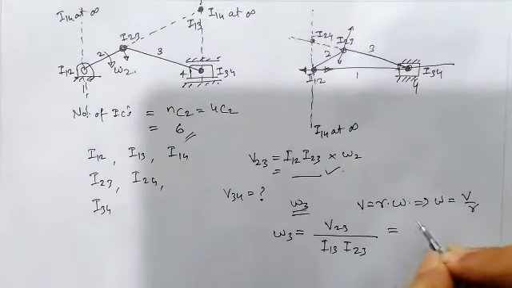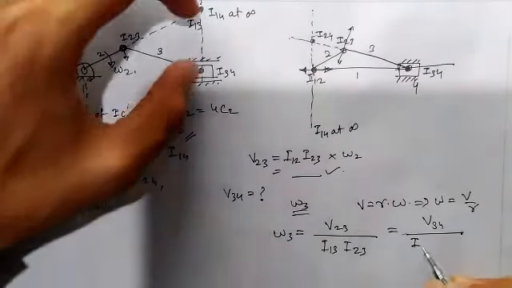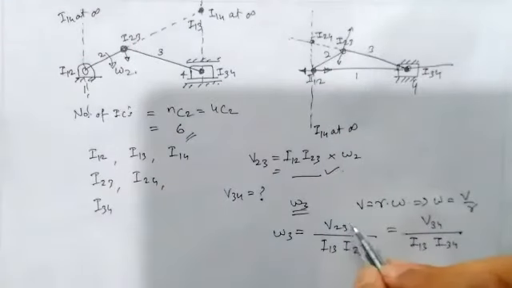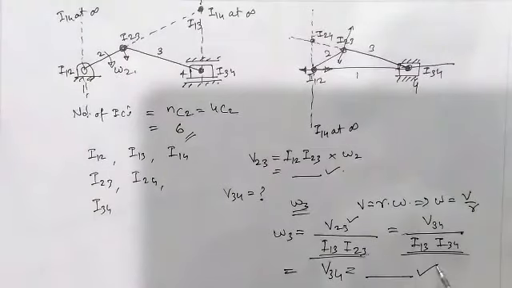Similarly, it would also be equal to V34, which we need to find, divided by the I13 to I34 distance. We have calculated V23. We can measure the I13 to I23 distance. We can also measure the I13 to I34 distance. So in this way the only unknown is V34, which is the velocity of the slider, and we can find it.